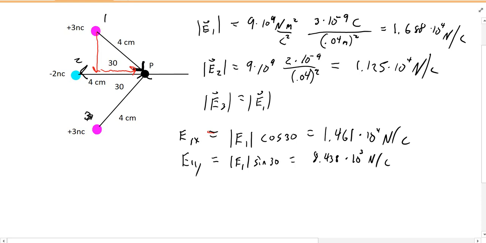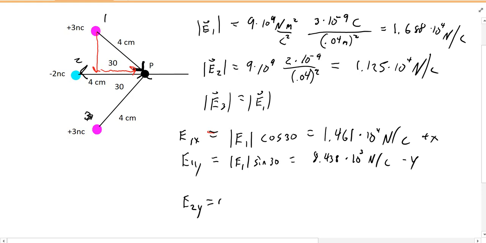Okay, and now let's pay attention to whether this is positive x and y or negative x or y. The x one looks like it's pointing to the right, so that's plus x. But the y one is pointing down, that's minus y. Okay, now we do the same thing for charge 2. Charge 2 is going directly to the left, so that doesn't have a y component, that's easy.